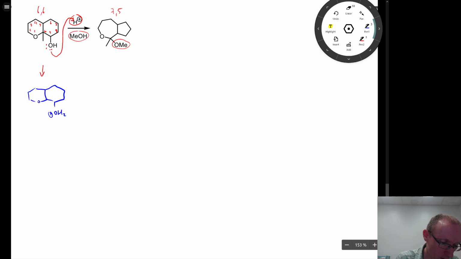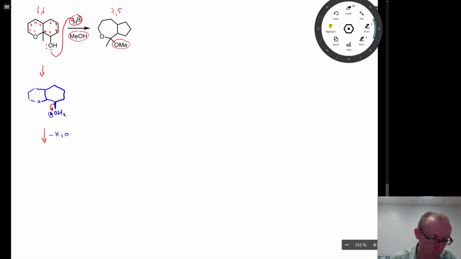Now we've got one of our favorite leaving groups in organic chemistry, a protonated alcohol. It's one of our favorite leaving groups because water is such a stable molecule. It's a great leaving group, so it will depart, leaving behind a carbocation. If that bond breaks, we're going to get a carbocation left behind and water is the leaving group.